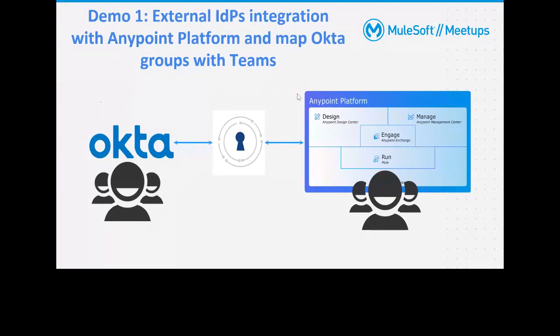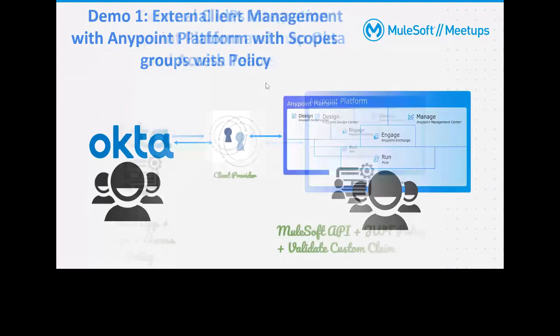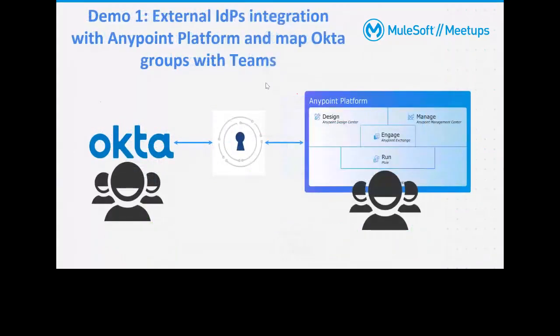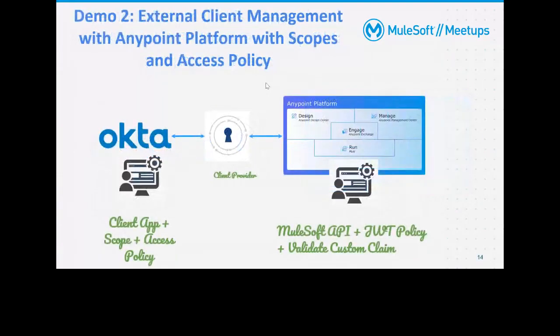Okay, so I have a demo where we'll be integrating the IDP with our Anypoint platform, and we'll see how my user gets directly added to a specific team. Then in the second demo, we'll integrate client management, the client provider, and in both scenarios we'll use Okta.